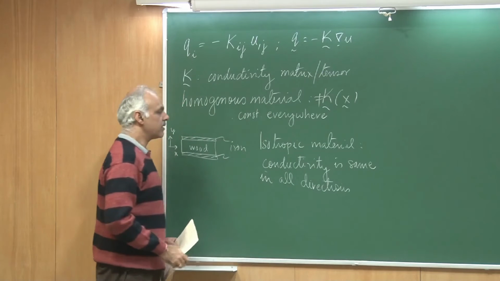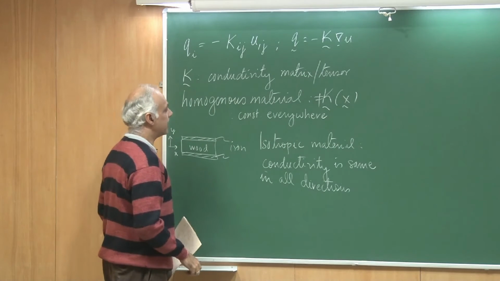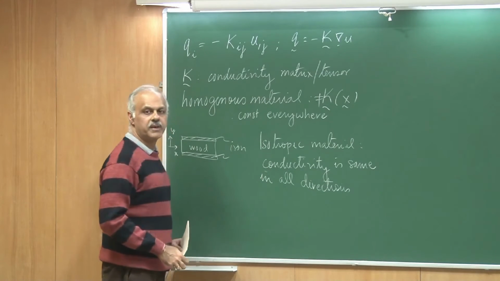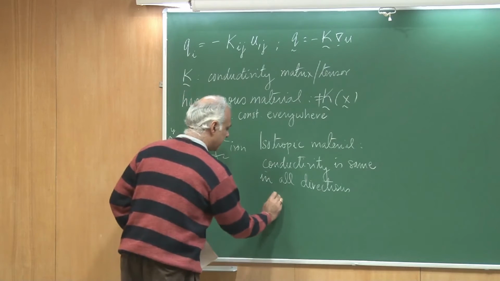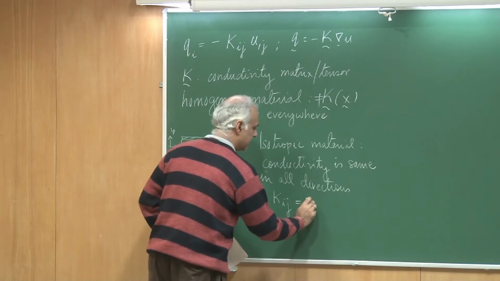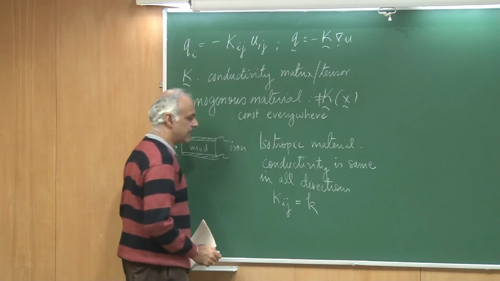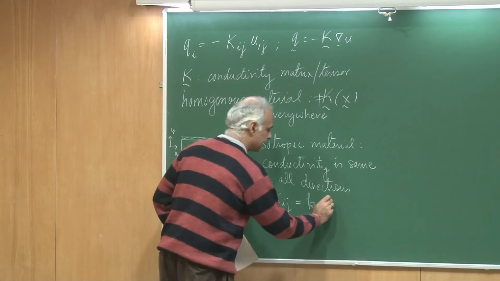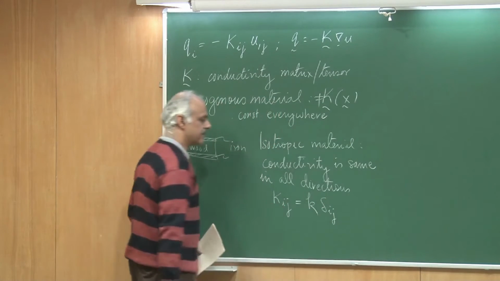And it can be shown that if conductivity is isotropic, then Kij must have a structure something like a constant K times delta ij.